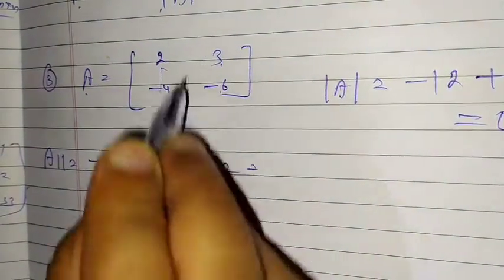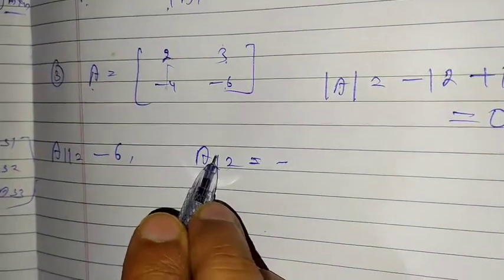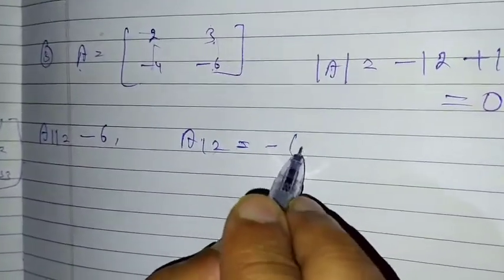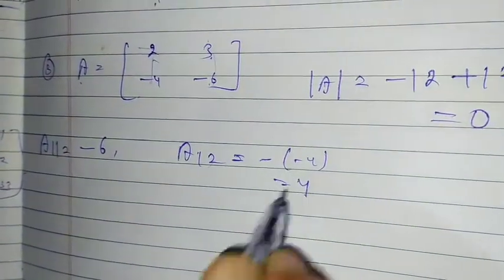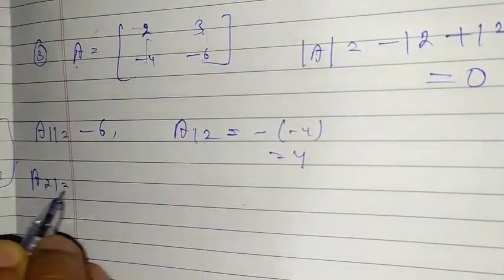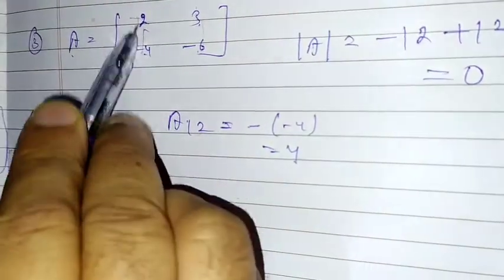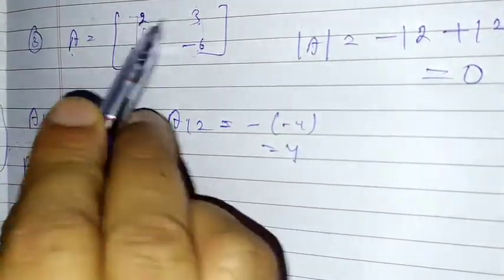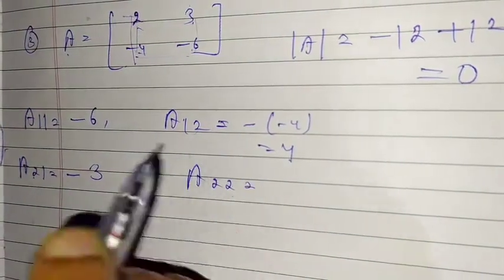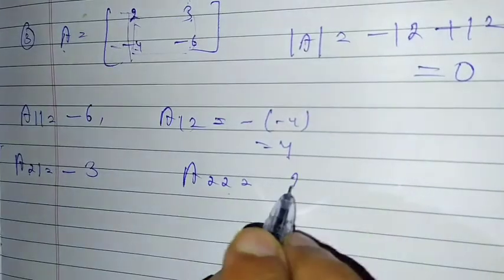A12: here minus first, because the sum of these is odd. Leaving out this row and this column, minus 4 plus 4. A21: sum odd, minus first. Cofactor of this, leaving out this row and this column, is equal to 3. A22: leaving out this row and this column, it becomes 2.